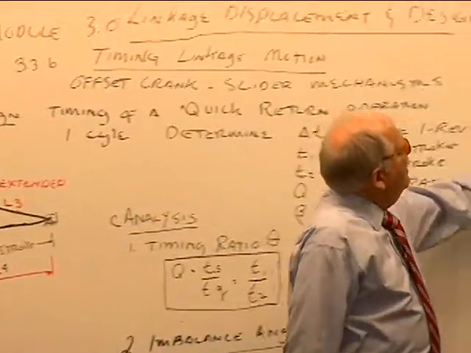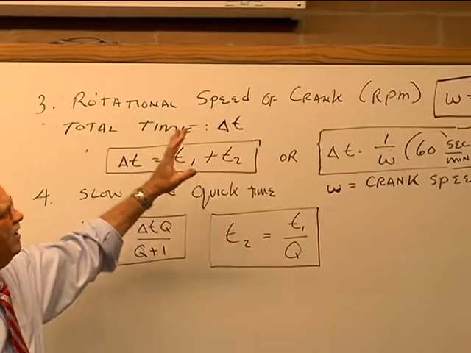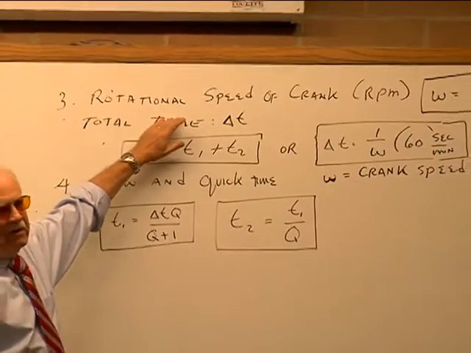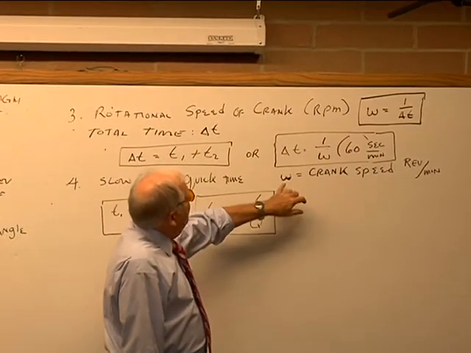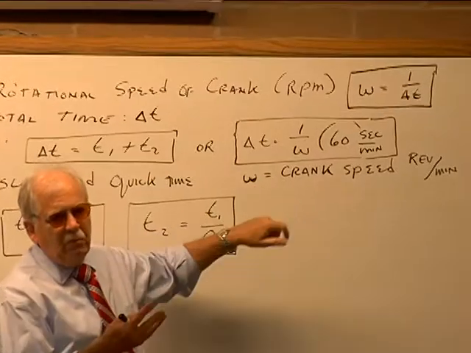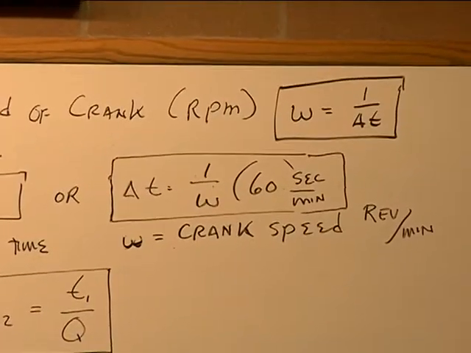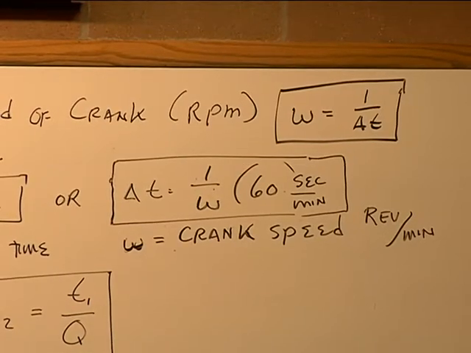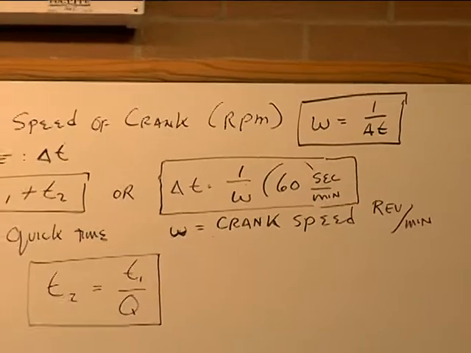Now moving on, if we want to find the relationship between the crank and the timing of the mechanism, you can use a very simple formula. In this case, W means the crank speed, the rate of going around. Crank speed is generally given as RPM. It might be RPS, revolutions per second, but generally cranks are listed as having an RPM.